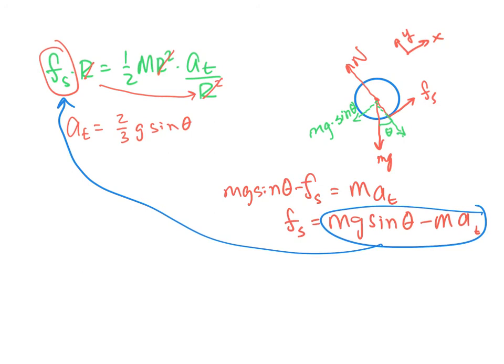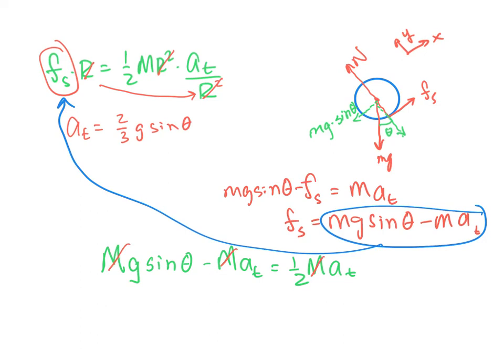Let me use the variables that were given to us in the problem. Capital M, g, sine of the angle, minus M at equals 1/2 M at. There are M's in each term, those cancel out.